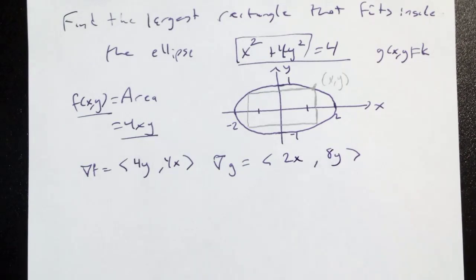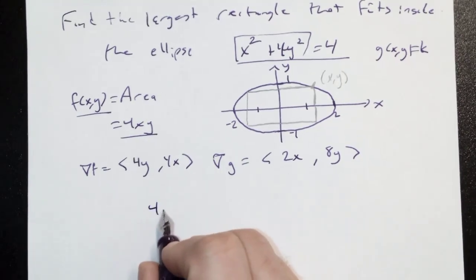So here are my 3 equations in 3 variables. I need to multiply one of the gradients by lambda to make them parallel. I'm using lambda because the text uses lambda. I don't care what letter you use. Just don't use x and y or f and g because those already mean stuff. You can call it anything you want.